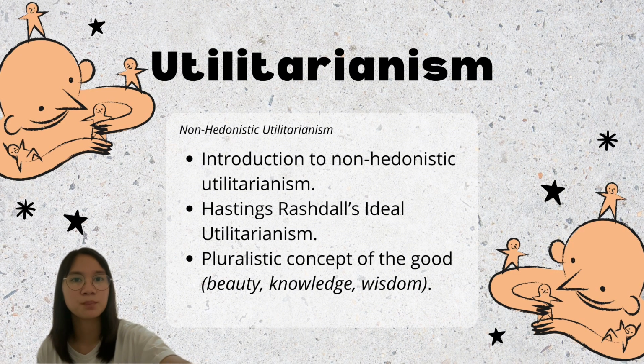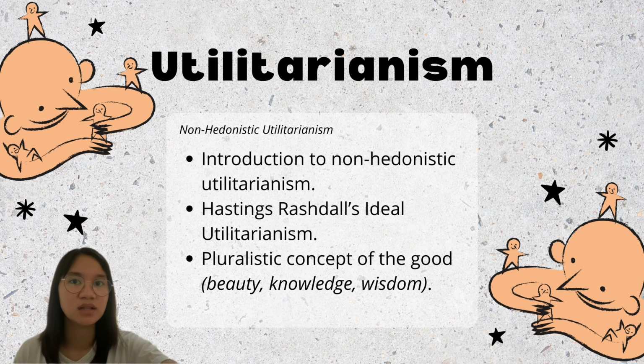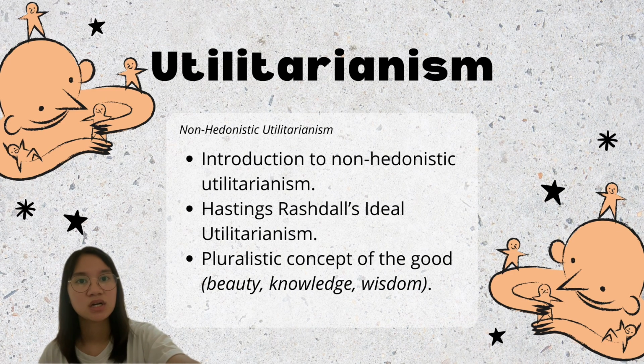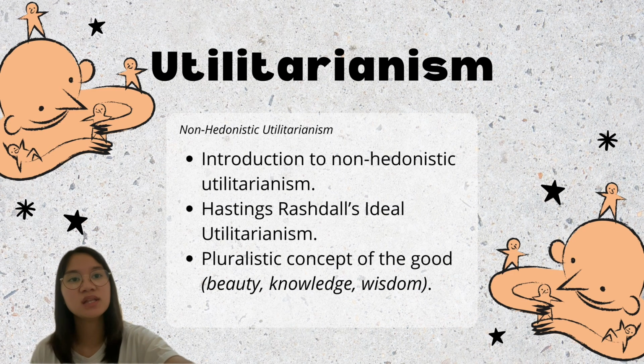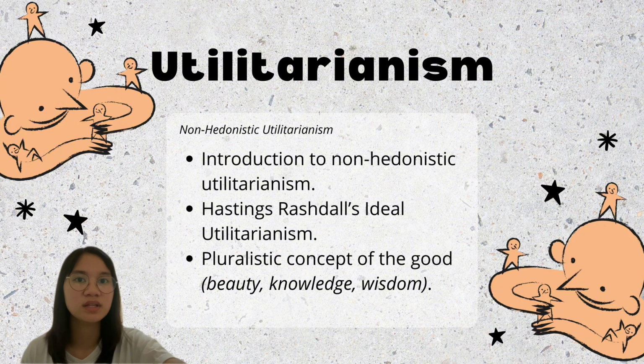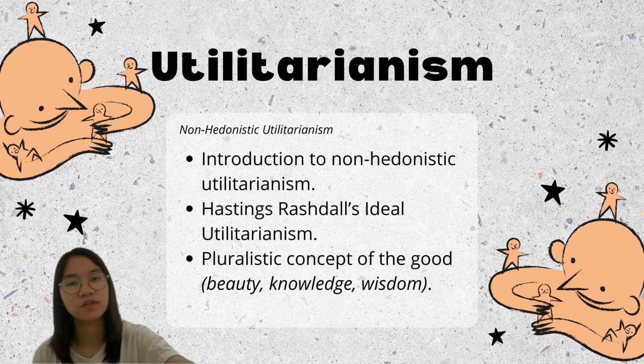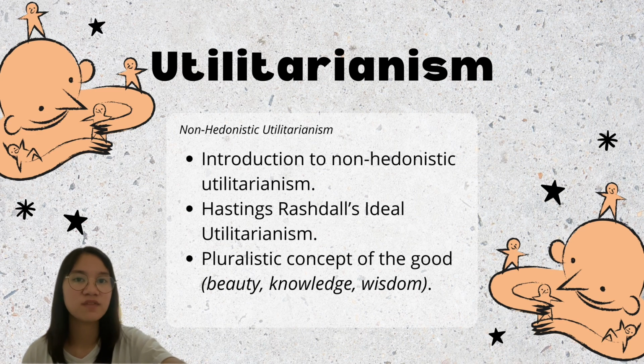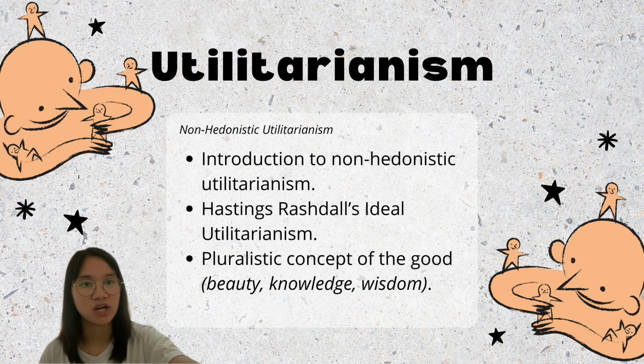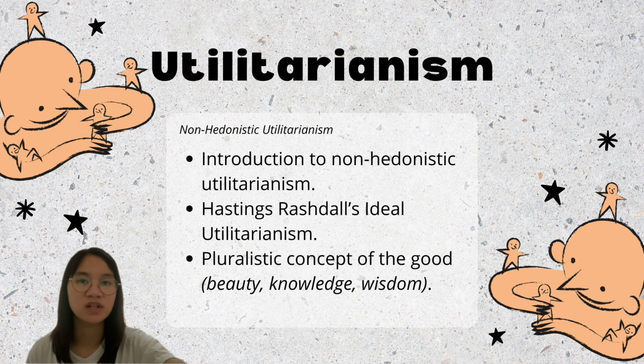An important example of non-hedonistic utilitarianism is Hastings Rashdall's ideal utilitarianism. Rashdall proposed that actions are morally right when they promote an ideal good that includes a variety of values, such as intellectual and aesthetic fulfillment, rather than just focusing on pleasure alone. For Rashdall, the good is more than just feeling pleasure.